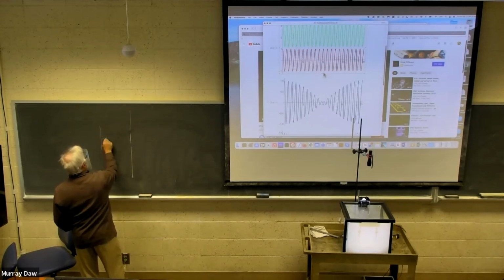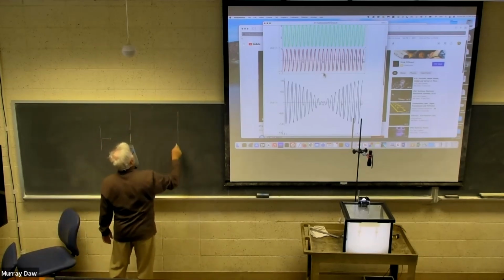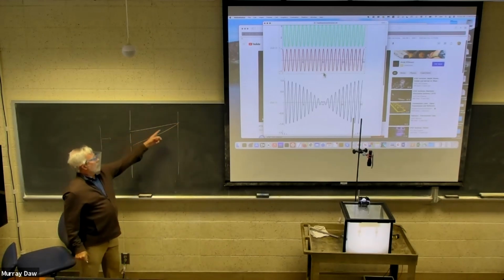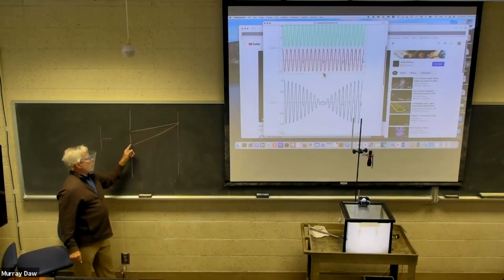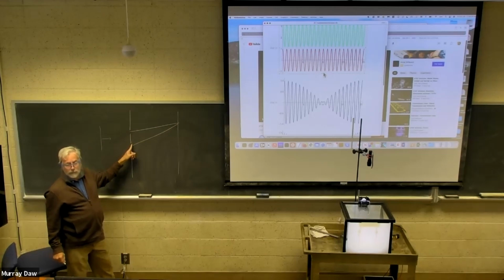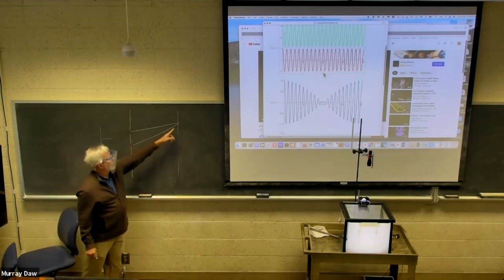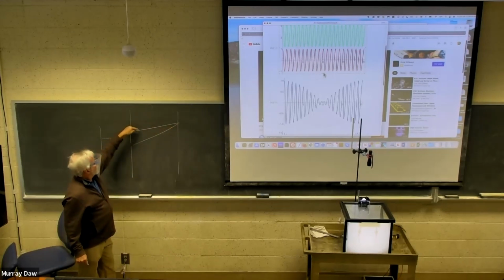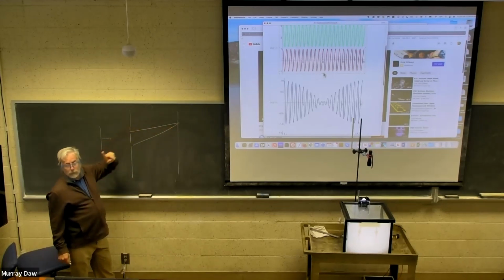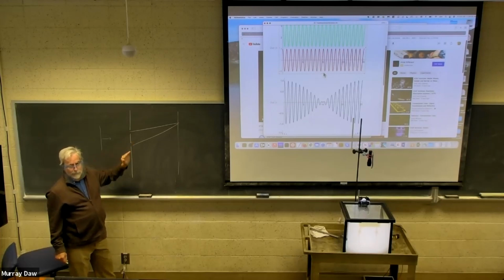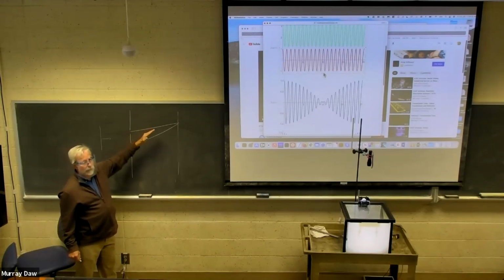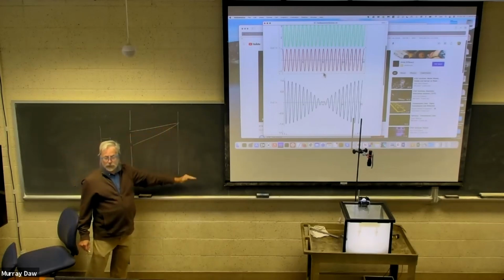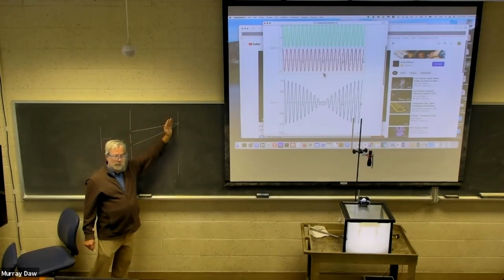We had light coming in, and we had this resulting pattern here, which showed up as a difference in the distance that this one traveled and this one traveled. So they had different distances. So we could get a constructive or destructive interference. Depending on the path difference between these two, there's one wavelength involved here, but there's two different distances involved. So that would set up a constructive and destructive interference on the screen.